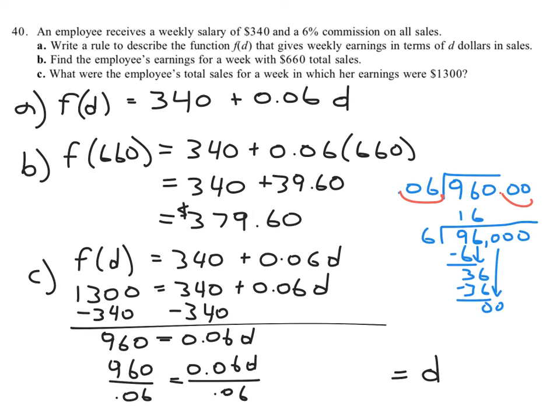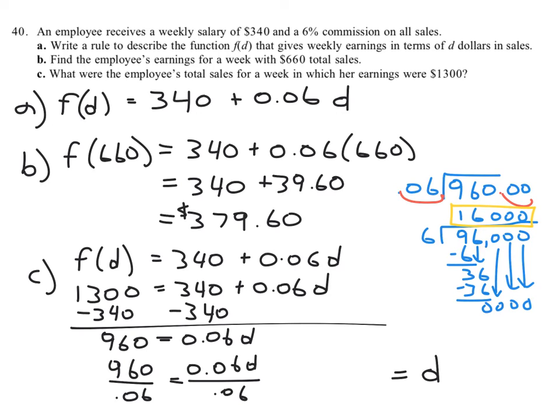Every time we bring a 0 down, we've got to put a number up. Goes in 0. Bring the next one down. 6 goes into 0 0 times. Bring the next one down. 6 goes into 0 0 times. And we get an answer of 16,000.